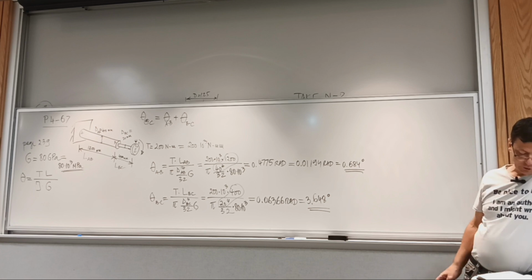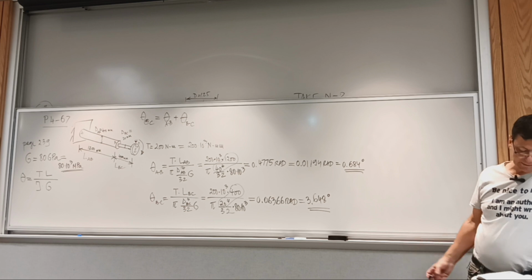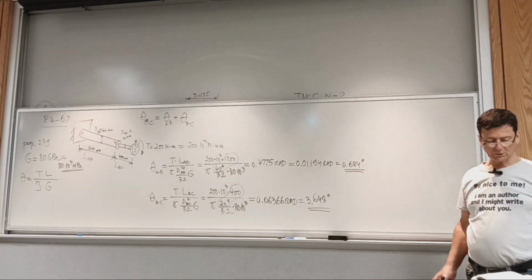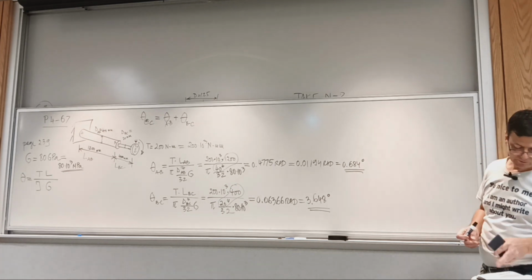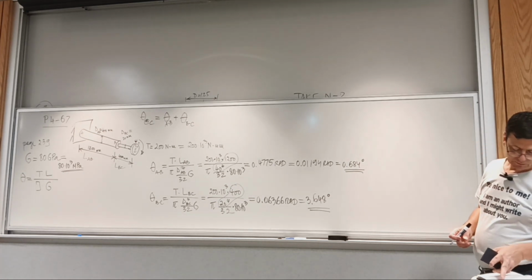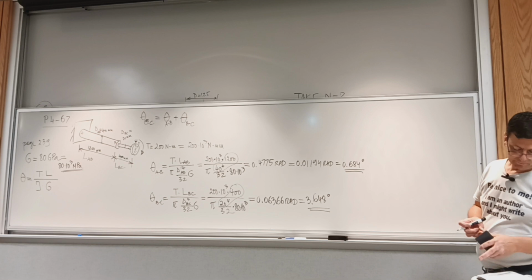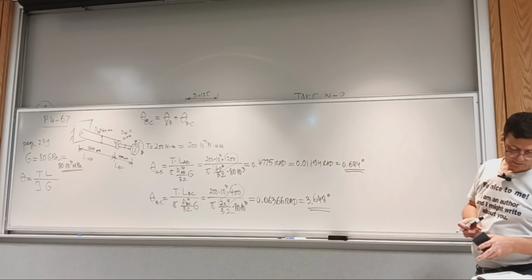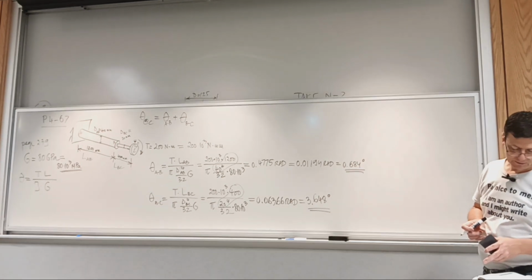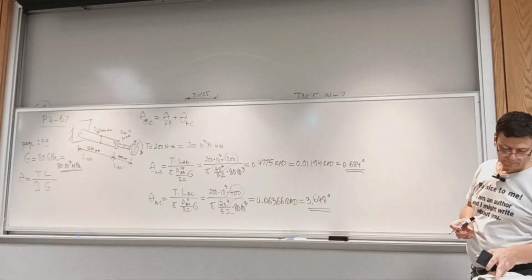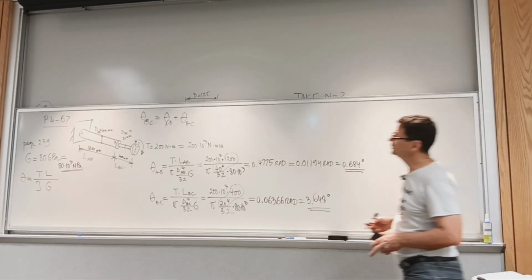So we have general machine parts, which might be this one, and it gives radians per meter or degrees per inch. We have both radians and degrees. For general machine parts, it says between 6.9 times 10 to the negative 4 and 6.9 times 10 to the negative 3 radians per meter.